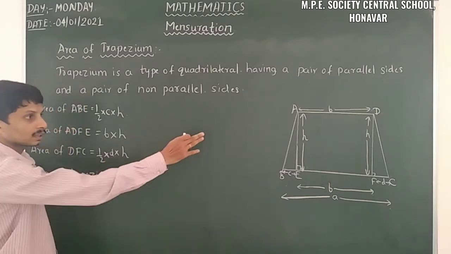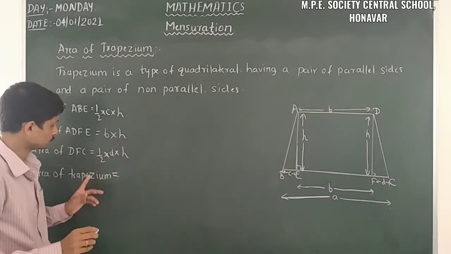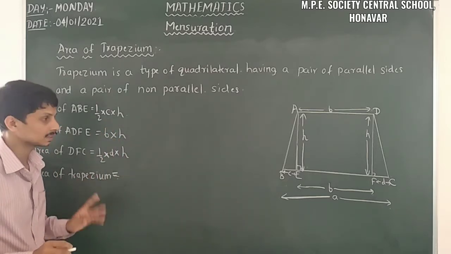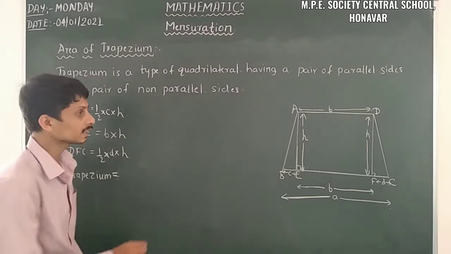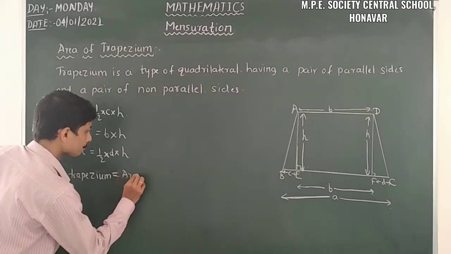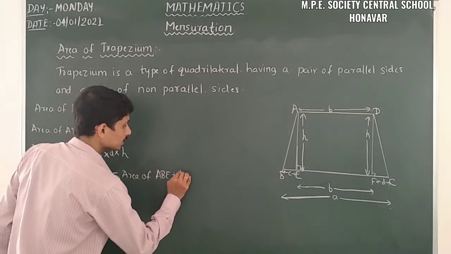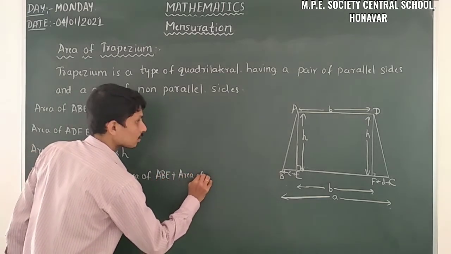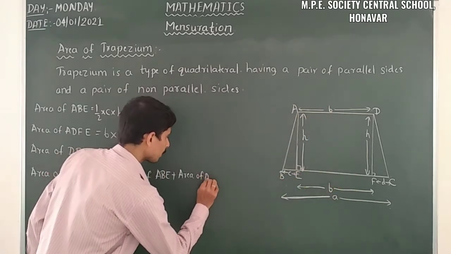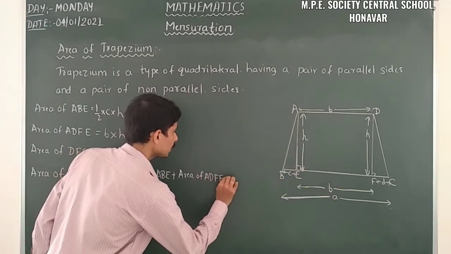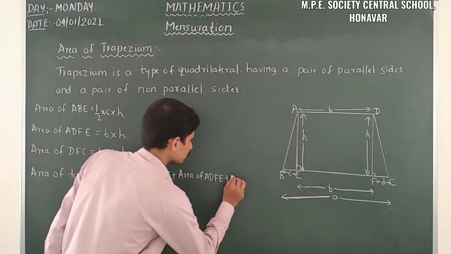That is, area of trapezium ADCB is equal to, so here I am just writing area of trapezium here. It's the sum of these three closed figures, that is area of ABE plus area of this rectangle, that is ADFE, plus the area of DFC.